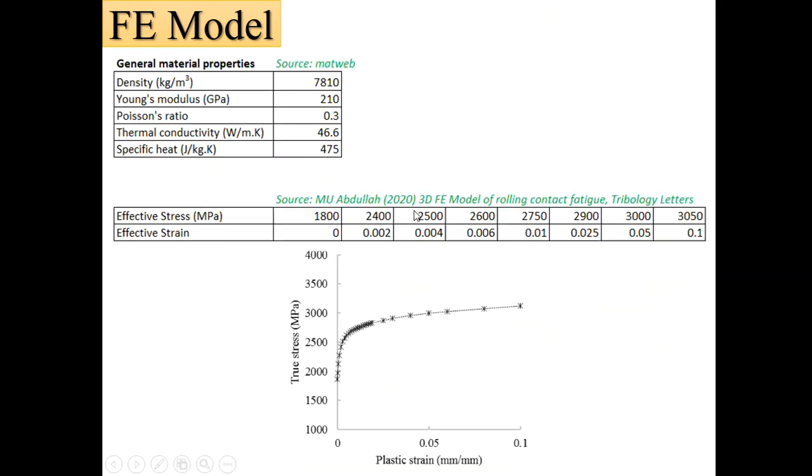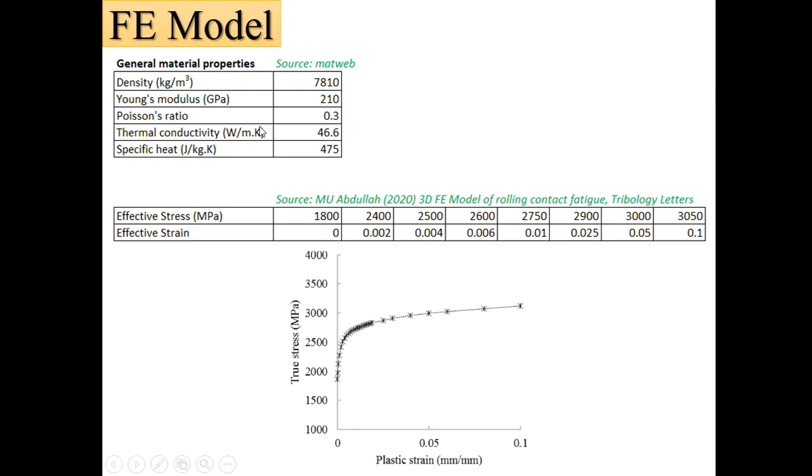And this is how it looks. For the material properties, since they are an important input to the numerical simulations, for the bearing steels we get the general material properties from the web, or maybe we can get them from papers, from any scientific articles.